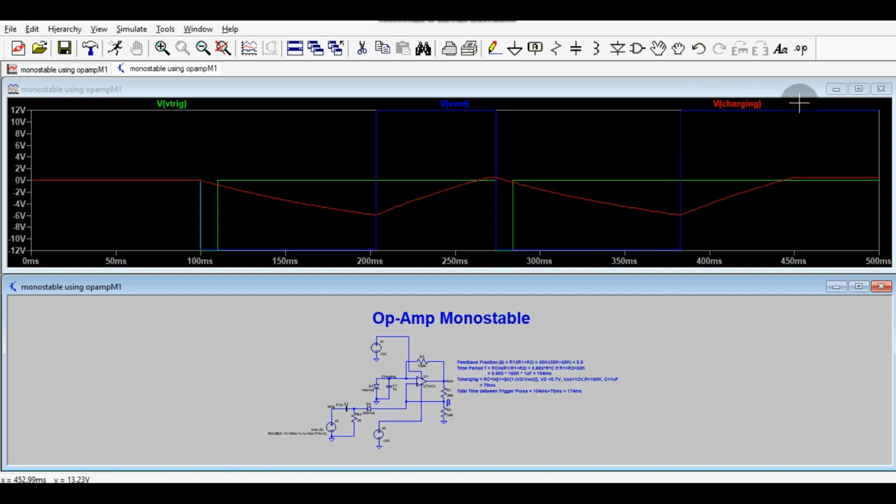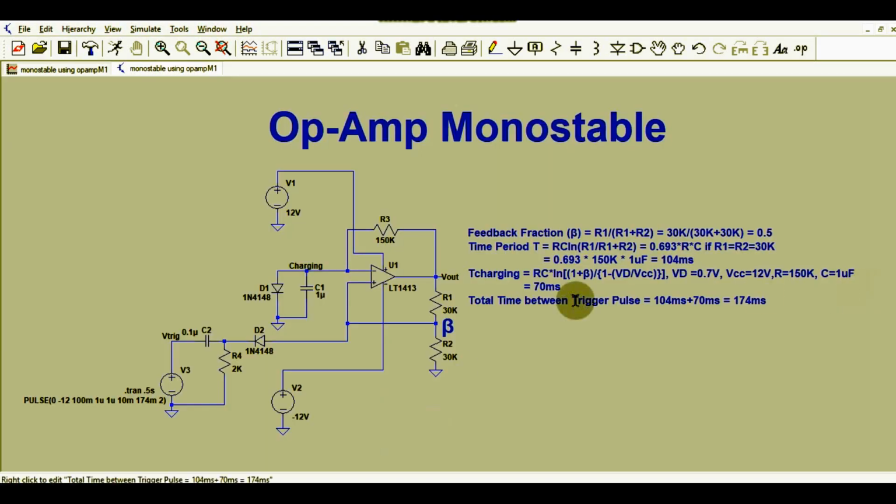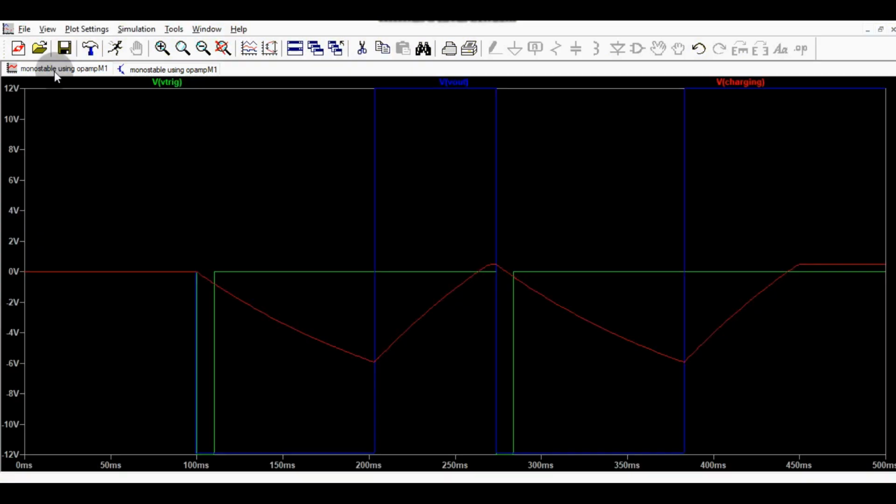That is how you can see the behavior of op amp monostable, and the trigger pulse status, the V out pin status, and the capacitor charging status. Let me zoom in, you can see a better view now, and you can also see a better view here. So I hope you understand the concept of monostable multivibrator, right?